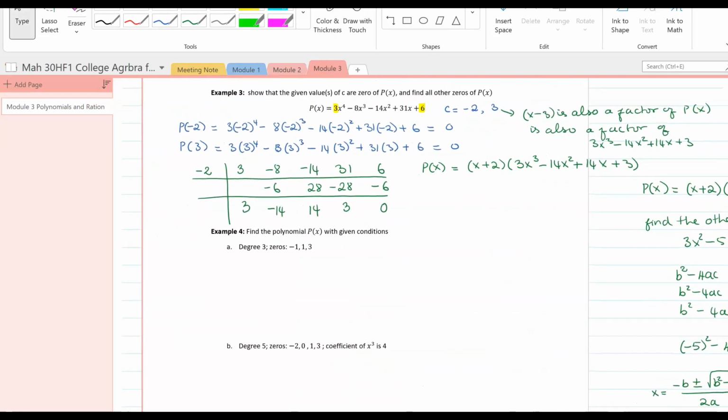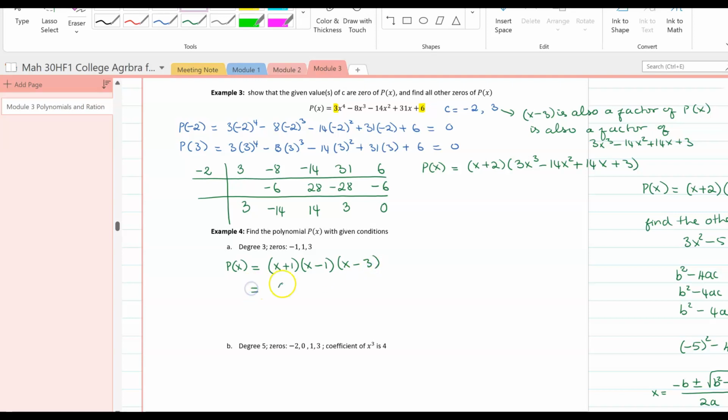So let's say we are given specific conditions. How do we find the polynomial? The first one says we want to find a degree 3 polynomial with 3 zeros: negative 1, 1, and 3. This means p of x is equal to x plus 1 times x minus 1 times x minus 3.